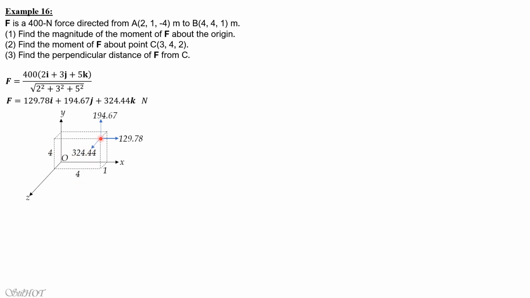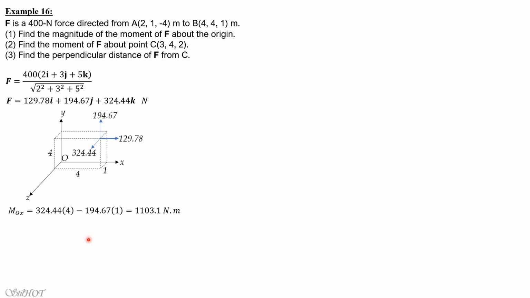So that's positive. Then minus 194.67 times 1. So MOX is 324.44 times 4 minus 194.67 times 1, which is 1,103.1 Newton meter.